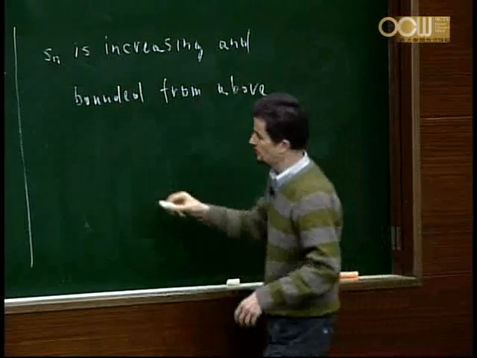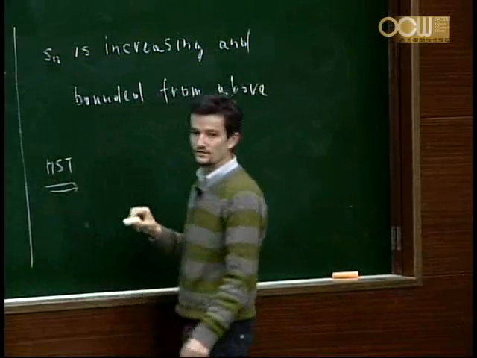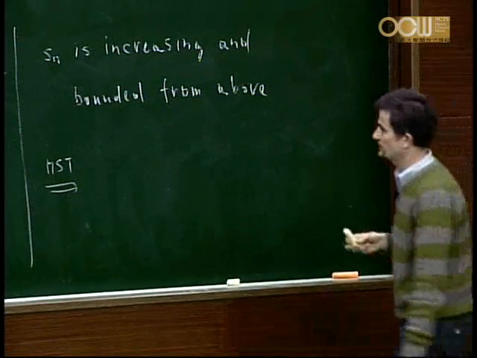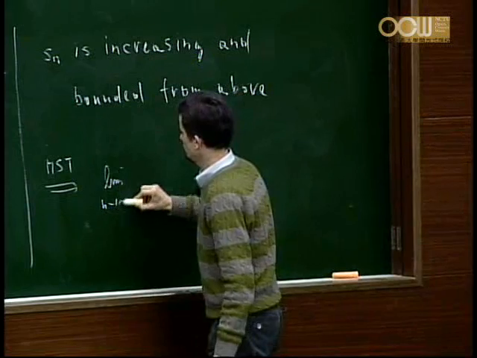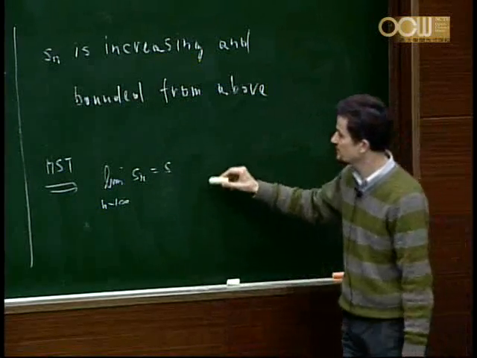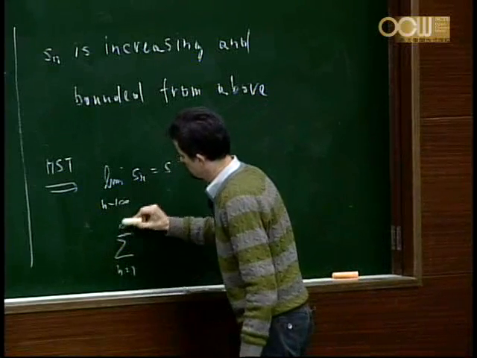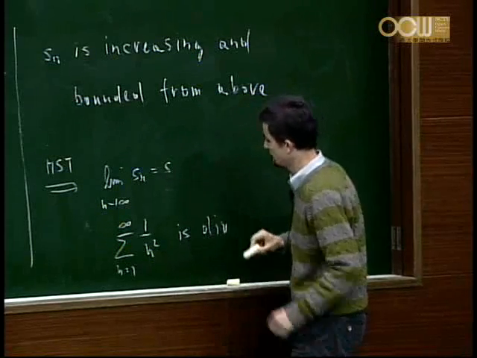We can use our monotonic sequence theorem, MST, and conclude that Sn is convergent. So the limit as n tends to infinity of Sn exists, and this is equal to some s. And this then means, by definition, that this series here is convergent.